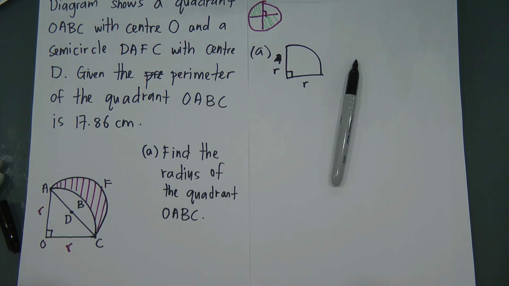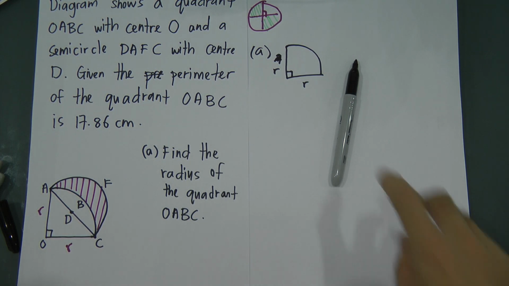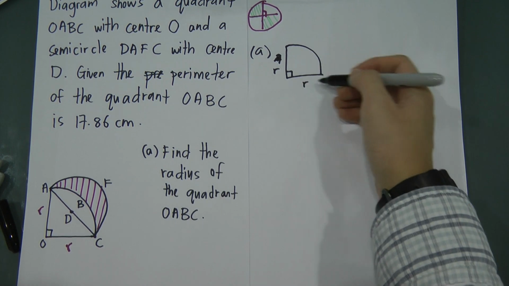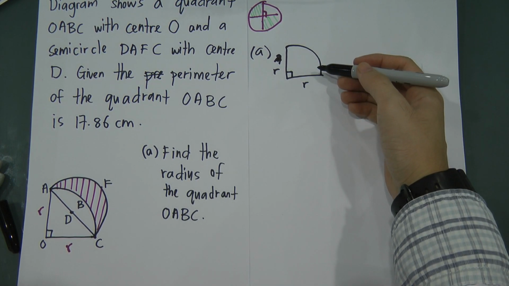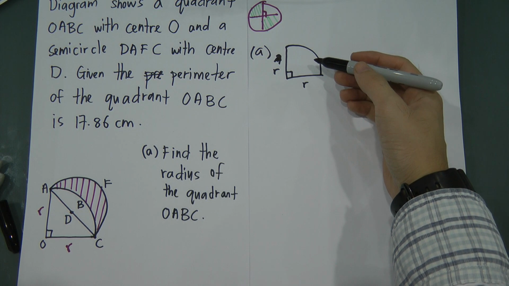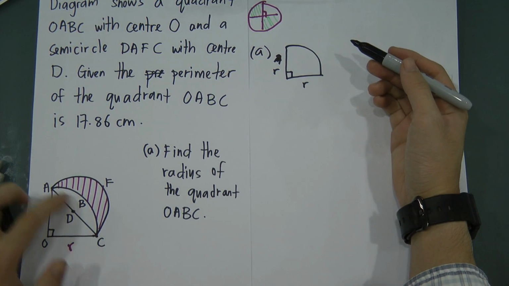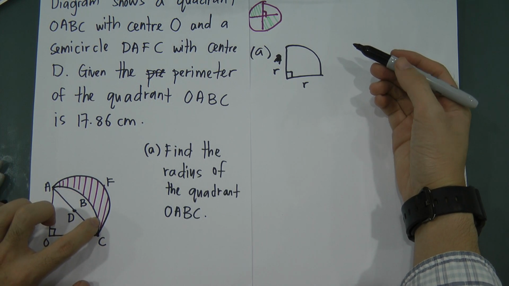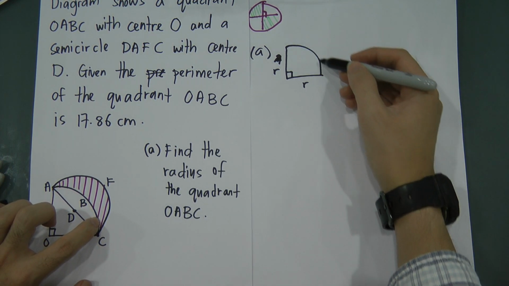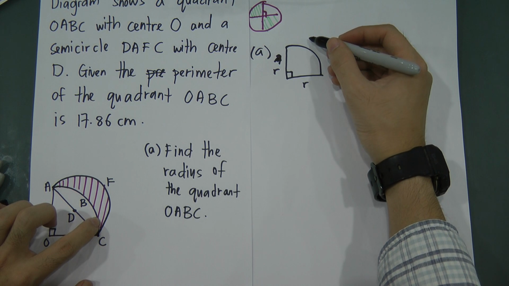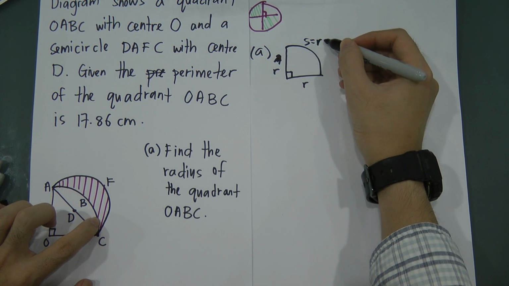Now we need to find the perimeter of the quadrant. He gives us the perimeter. What is the length over here? We know this length, arc ABC, is an arc. The formula is s equals r theta.